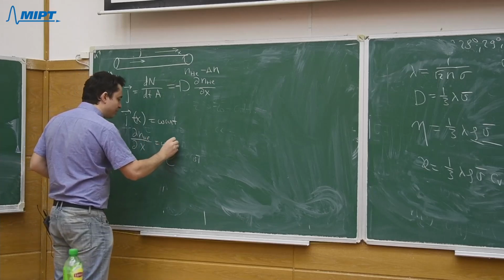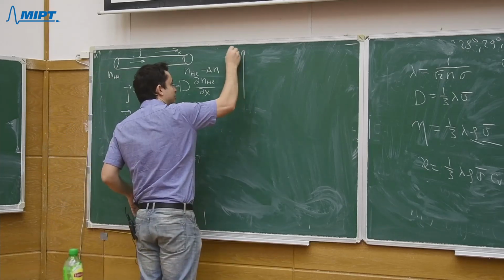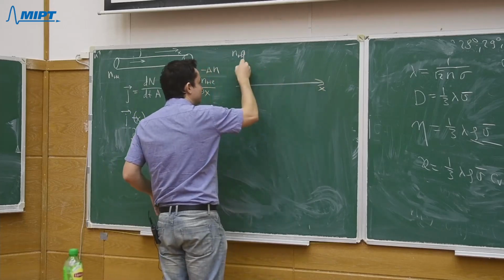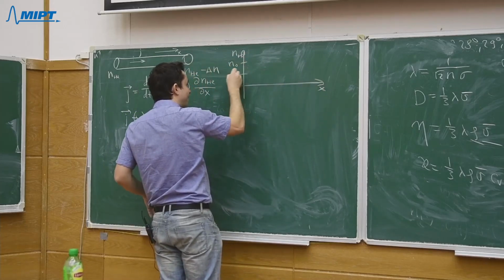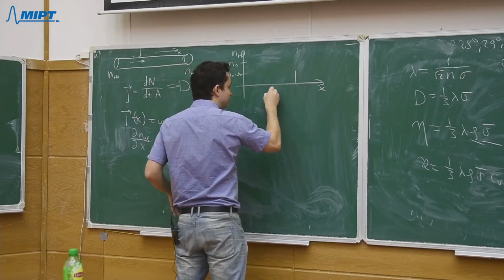So that implies that the dependence of concentration of helium as a function of x is linear as you go through this tube.